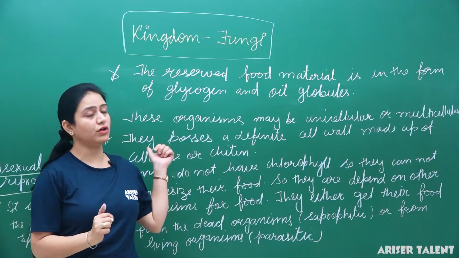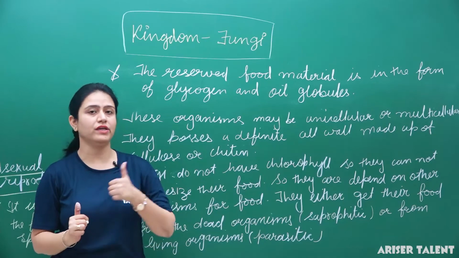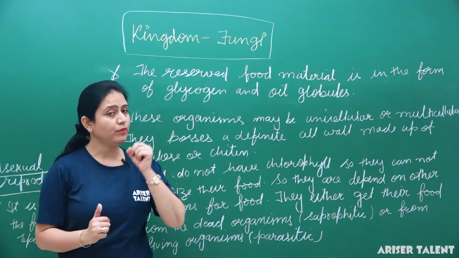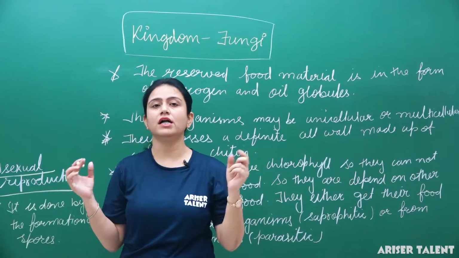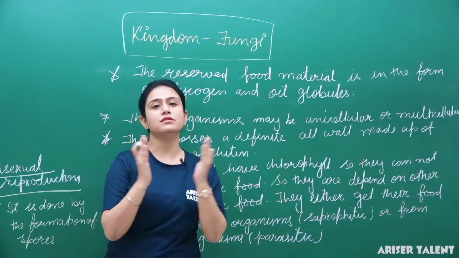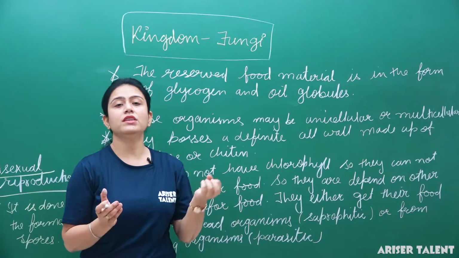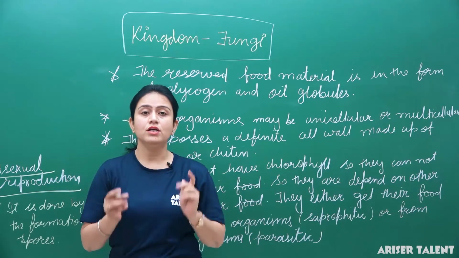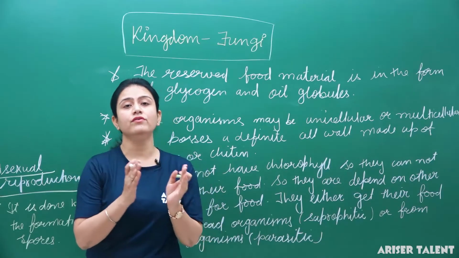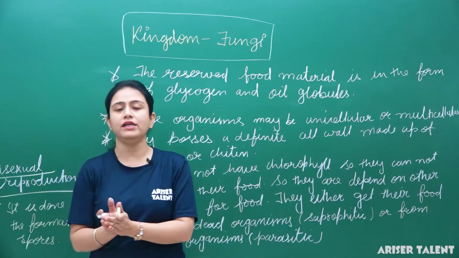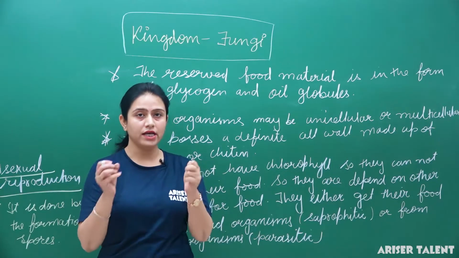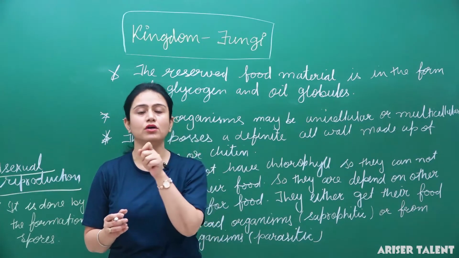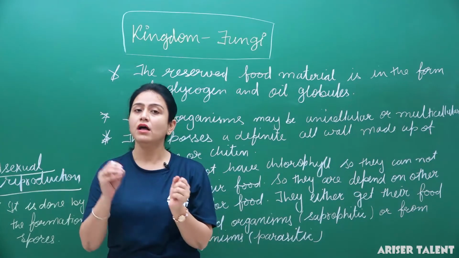Now, if you talk about the examples of these fungi, we can mention the mushrooms here. And one more important feature about these fungi is that they can show a symbiotic relationship with the cyanobacteria. Cyanobacteria means blue-green algae. So when these fungi live with the cyanobacteria, then they show a symbiotic relationship, and the result of the symbiotic relationship is the lichens.